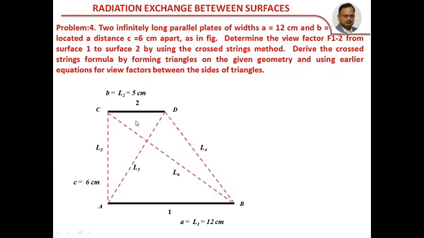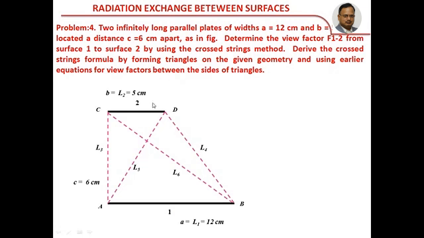Let us see an illustration to determine the shape factor between a plate AB and CD. Two infinitely long parallel plates, this one with a given width, this one 5 centimeter width, are located at a distance 6 centimeters apart.